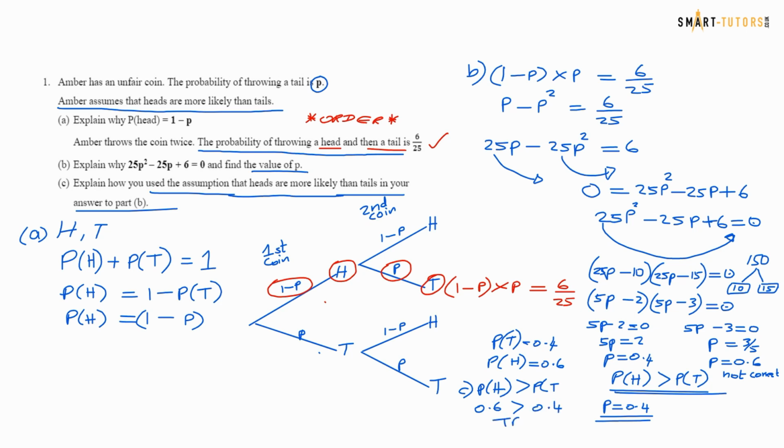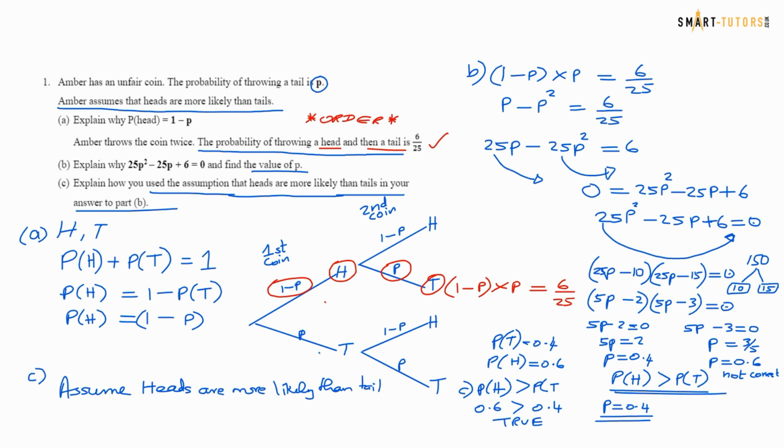So that is true. So if you assume the C part answer continues, assume heads are more likely than tails.